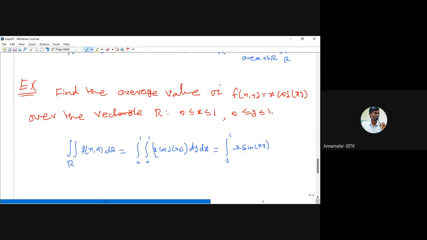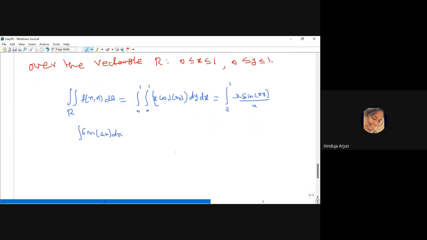And then what is that? By x, right? What is the integration of sin ax? Yes, by x, because x is constant. So we have to put the upper limit, lower limit 0 to 1 dx, but we can cancel this x. We can take the minus outside.